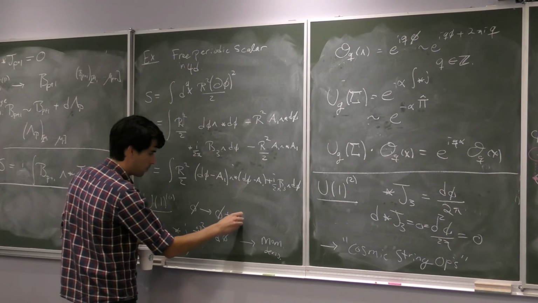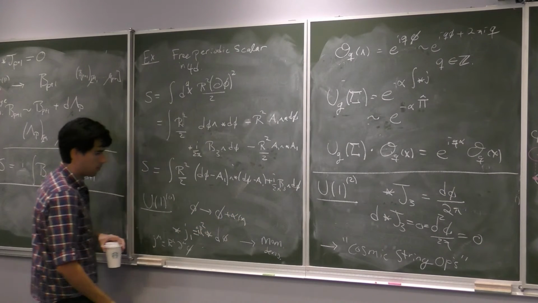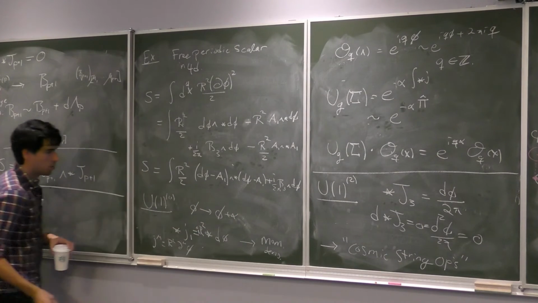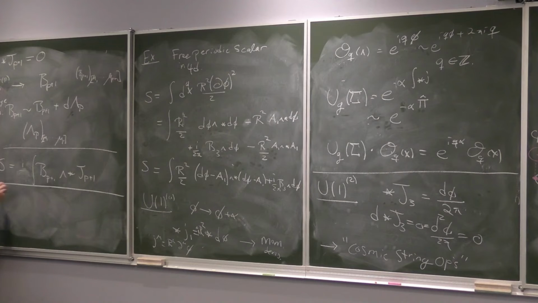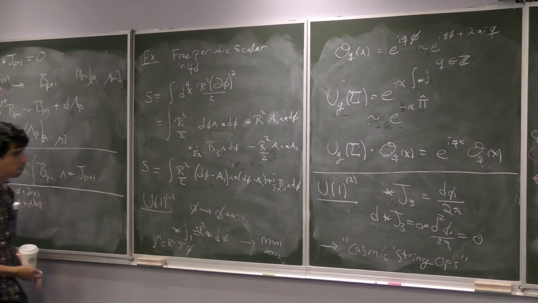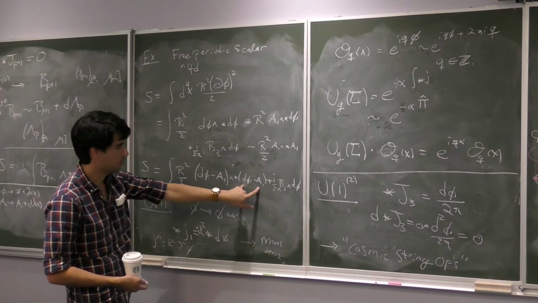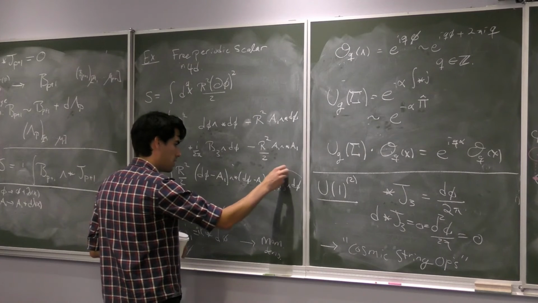The background gauge transformations are the ones that send phi to phi plus lambda of x, and A1 to A1 plus d lambda of x. So this first term is invariant because it's literally the gauge invariant combination. But this term is actually not invariant.